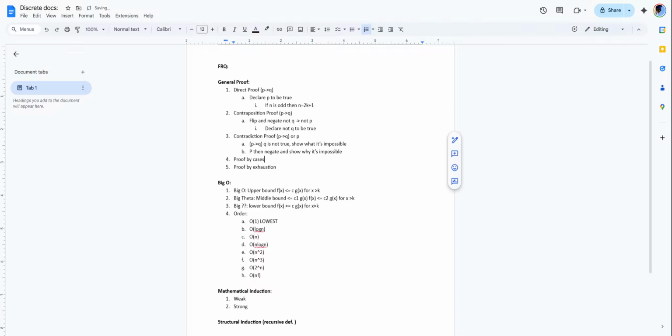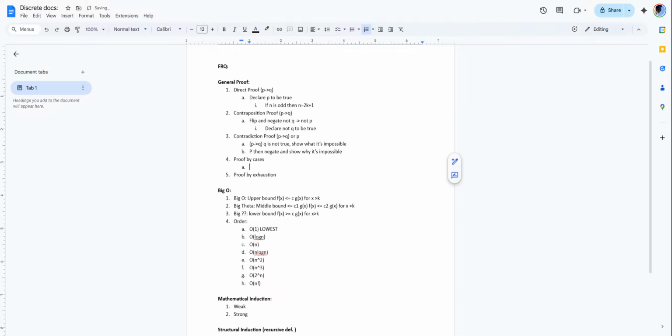Okay, proof by cases. This one's kind of a lot of work when there's a set amount of numbers you can use. That's how I think of it. Proof by cases is like, I guess we should say it's like infinite.